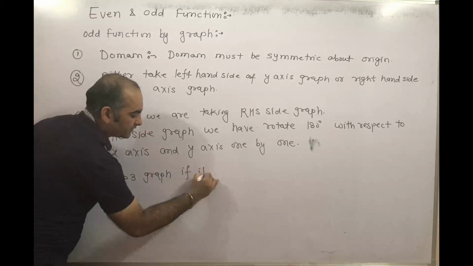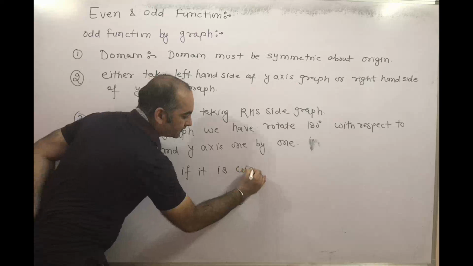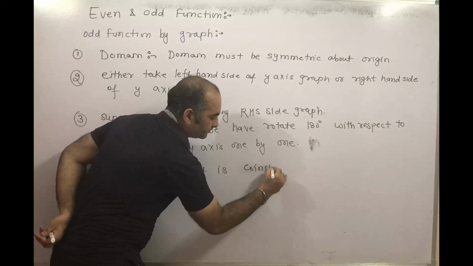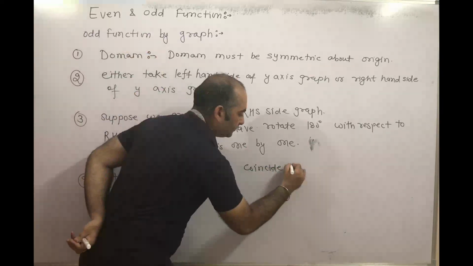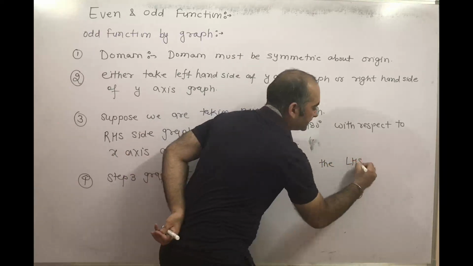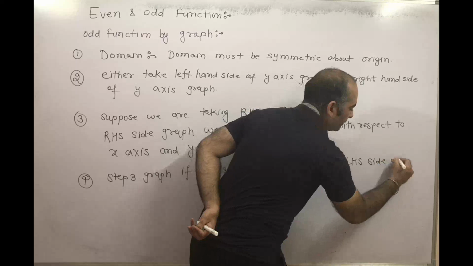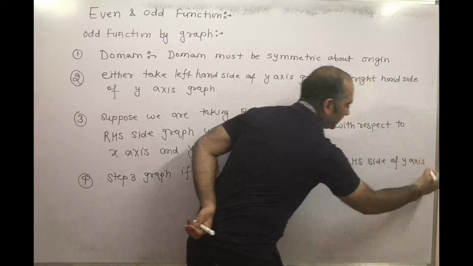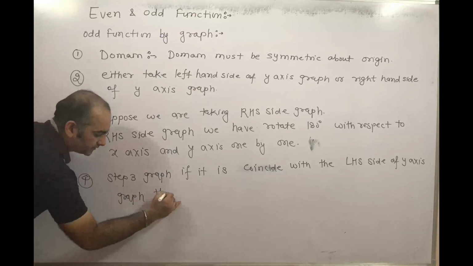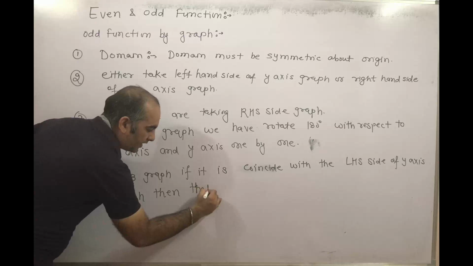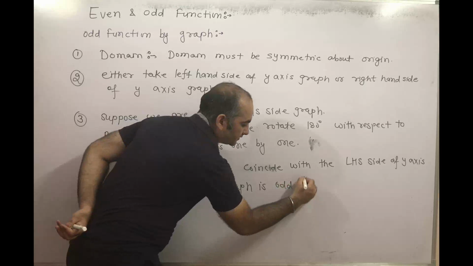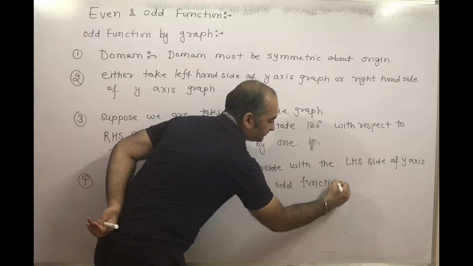If it is coinciding with the LHS side of the y-axis graph, then that graph is an odd function graph.